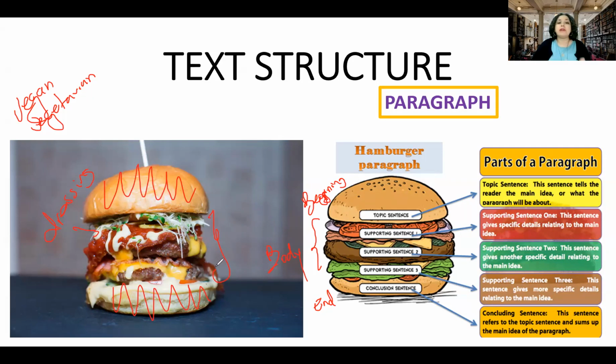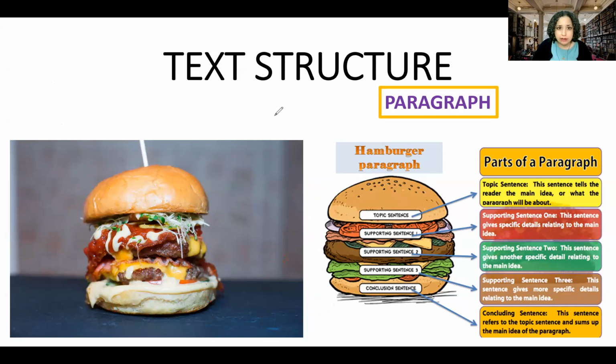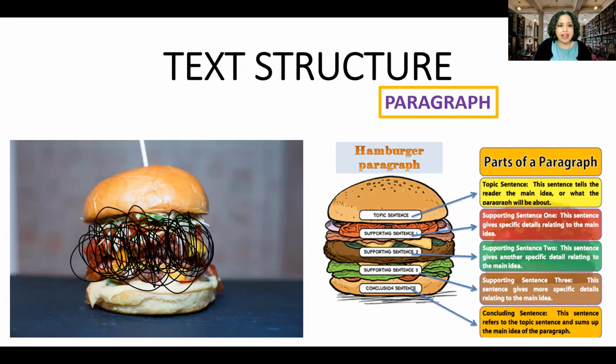And it's the same as the opposite. If we only consider having the bread and not having the ingredients inside, do we have a hamburger? No, we only have bread.